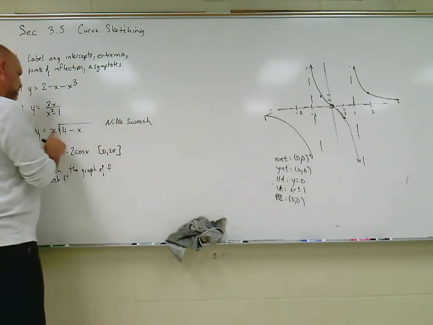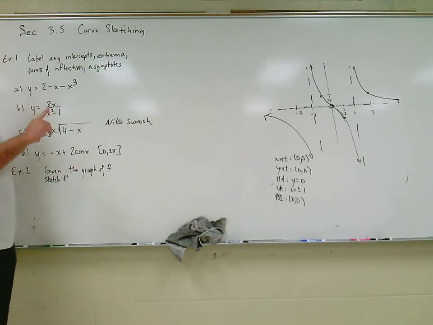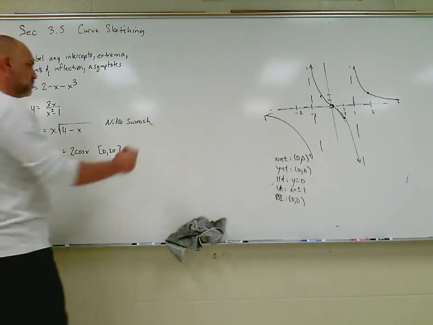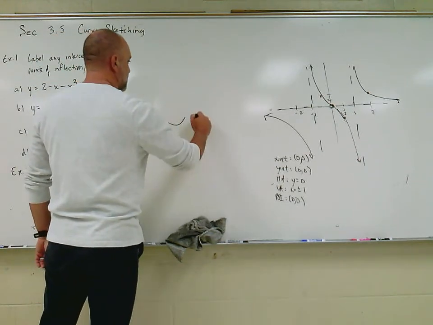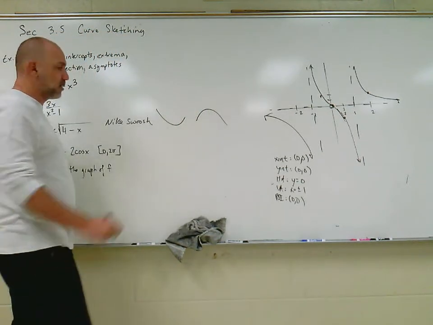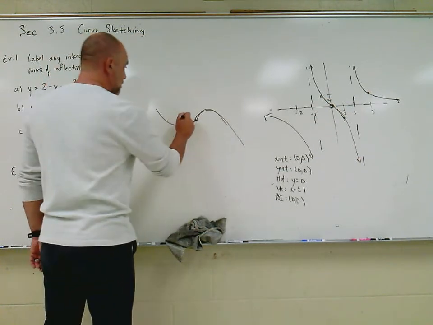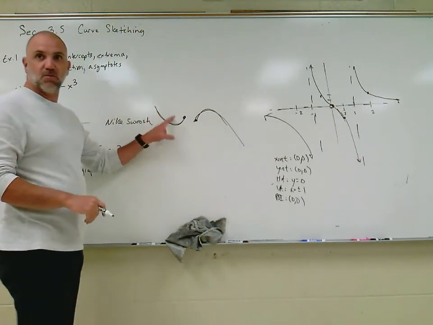So anytime I see an x times the square root like this, it typically resembles a Nike swoosh. It's either going to go like this or turn upside down like that, with an endpoint. Here's where I see the symbol, okay?